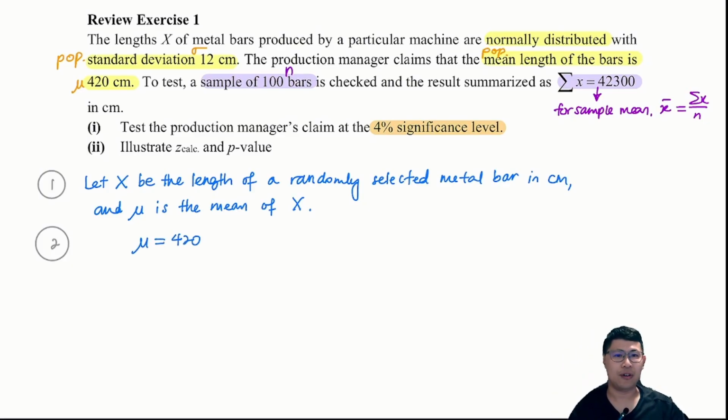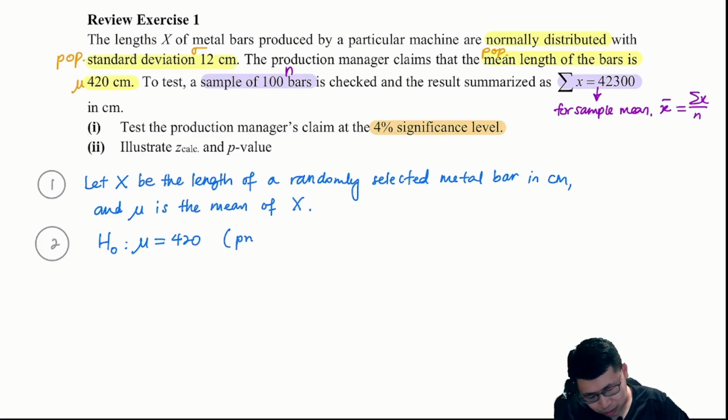Usually for the equal sign, we will take this as our null hypothesis in our syllabus. There's no mention of anything else in this, and this is the production manager's claim.